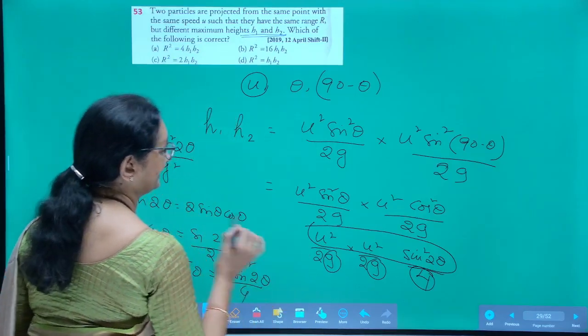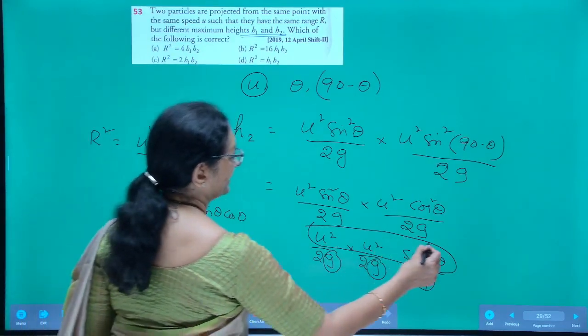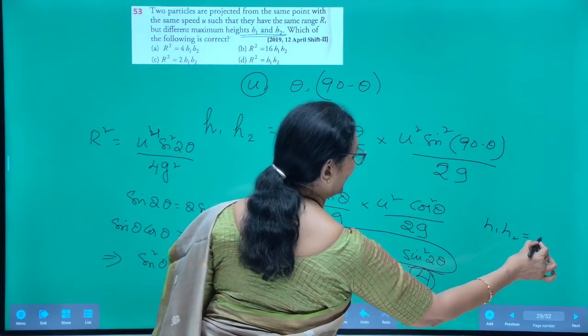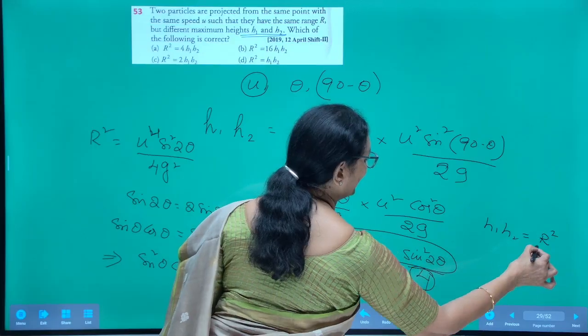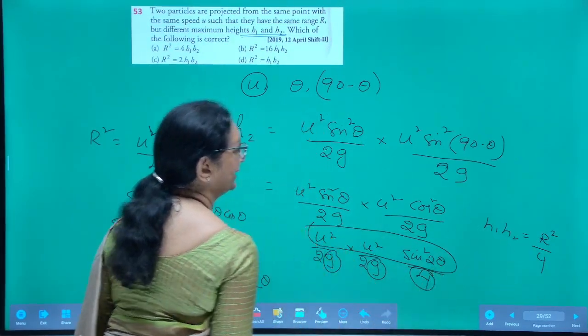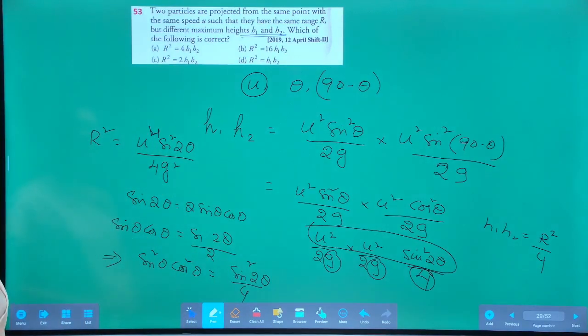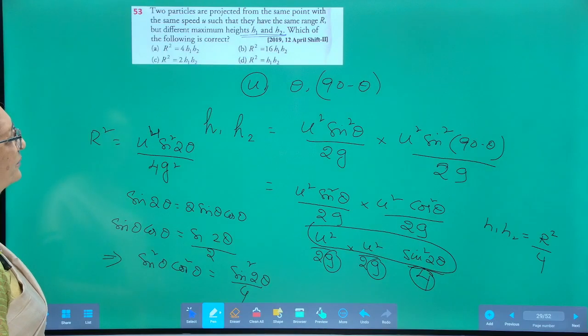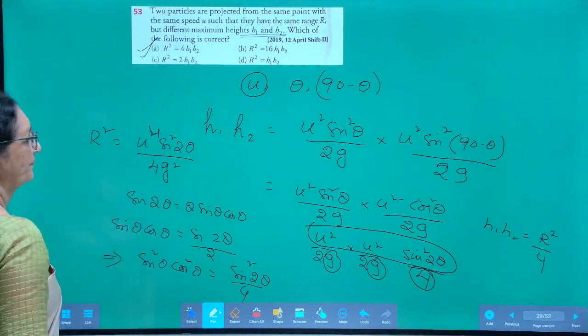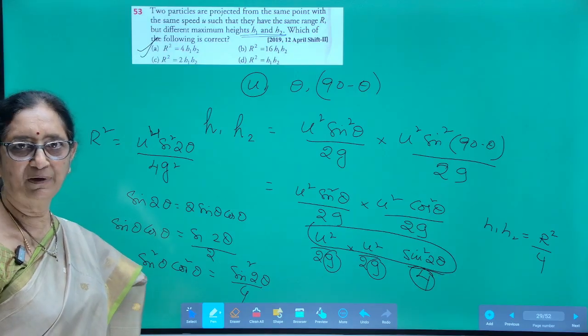Till then it is equal to range. So, H1 H2 is equal to R square by 4, or R square is equal to 4 H1 H2. That is the answer.